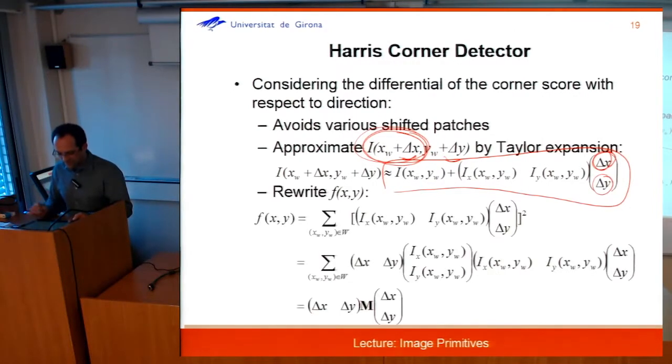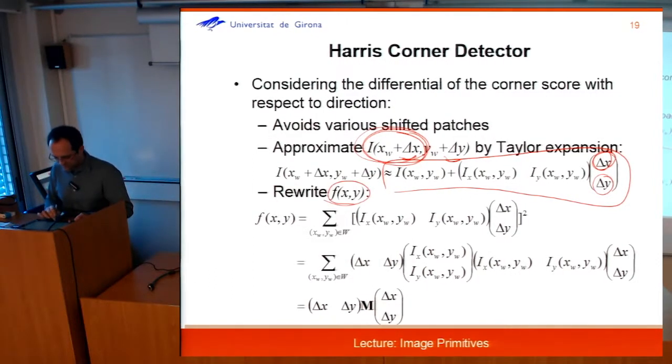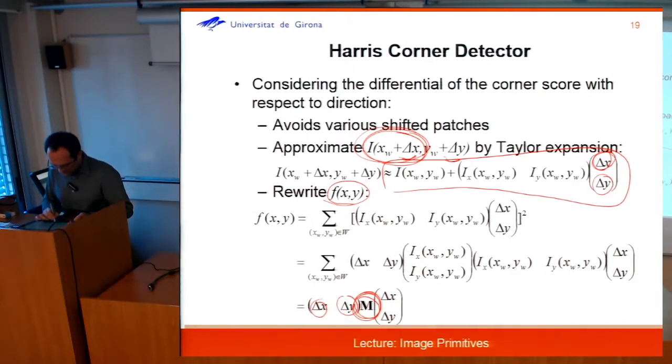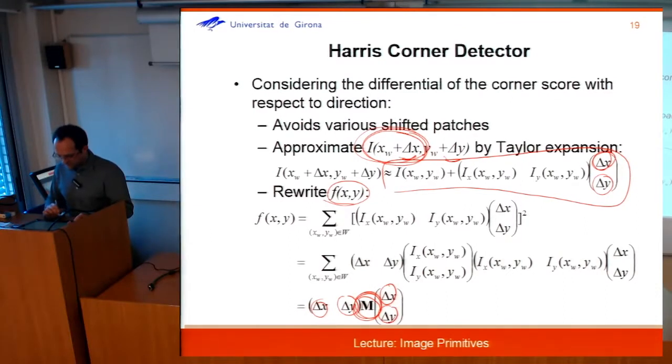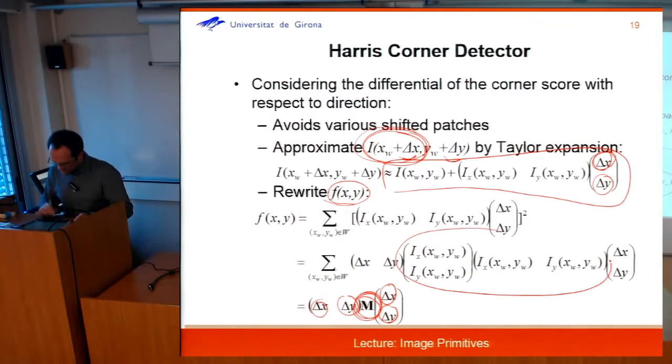So we can rewrite this function. I'm not going to give you all the derivation, but the idea is that if we rewrite this function, what we had before, essentially what we end up having is this M matrix here, which is a 2 by 2 matrix, where I have delta x and delta y here, and delta x and delta y here, and which is just the result of this operation.